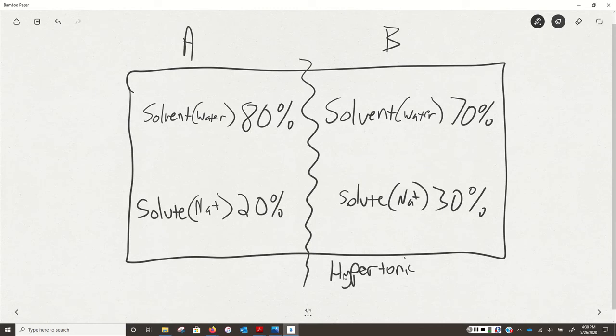So B is hypertonic to A. Another way that we could say this is A has less solute than B. So what we would say is A is hypotonic to B. Hypo means less than, under, beneath. 20 is less than 30.